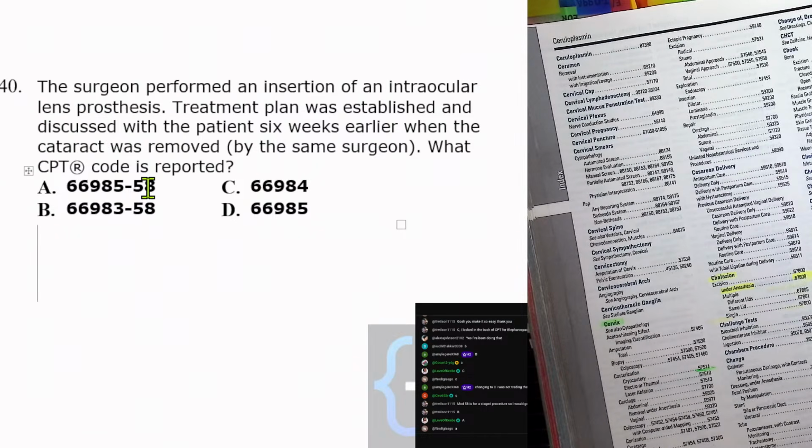How long is that global period? 90 days. MK is over here saying 90 days. So is Becky. So 6 weeks, does that fall in with 90 days? Yep, you're correct. We will be using A or B. I was just making sure.